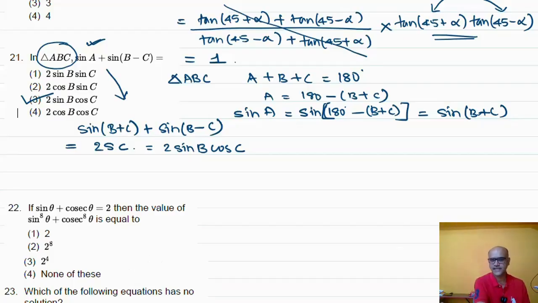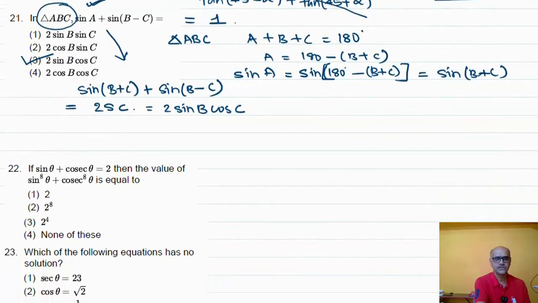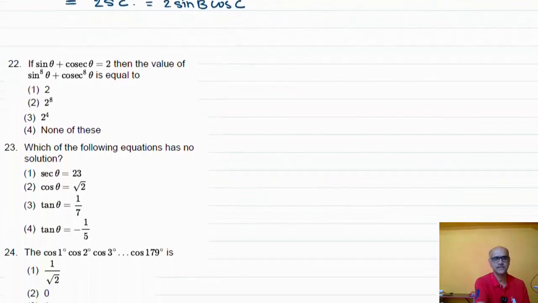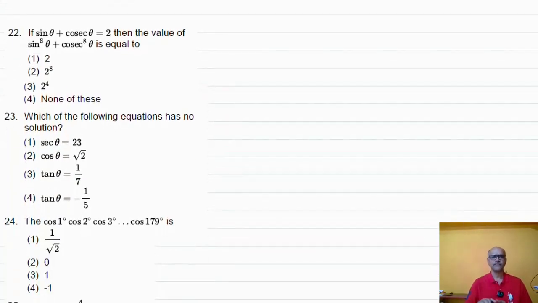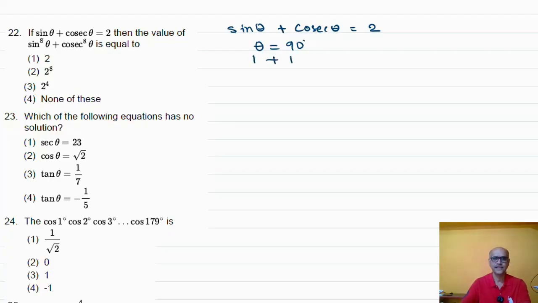Next, we took the 22nd. Similarly, if you have seen the 10th problem earlier, you can follow the same method. Or else, just by logic, this is the second method. sin theta plus cosec theta is equal to 2 is given. If you observe or take standard angles, you can say theta is equal to 90 because sin 90 is 1, cosec 90 is 1, and 1 plus 1 becomes 2.